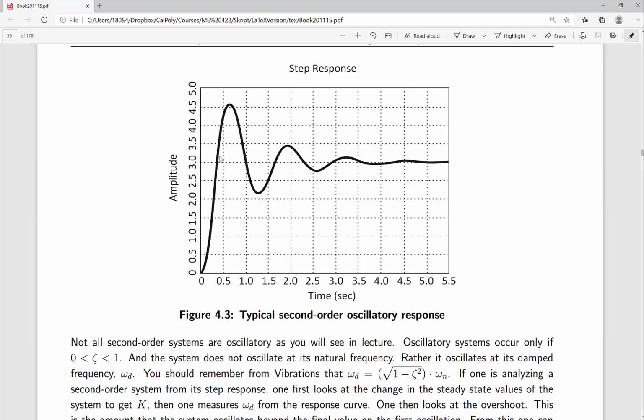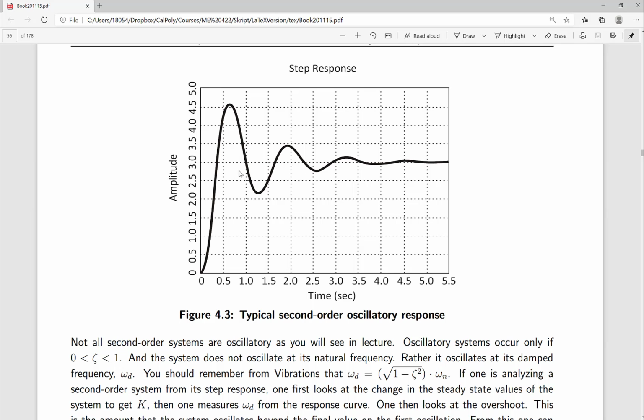It may be that you can have 10% overshoot, that's fine, but you can't have 50% overshoot because you might hit something.